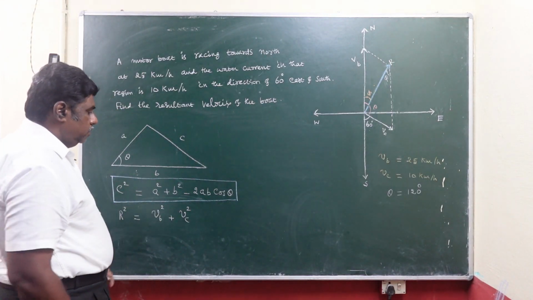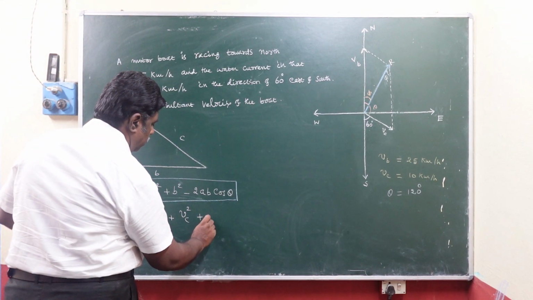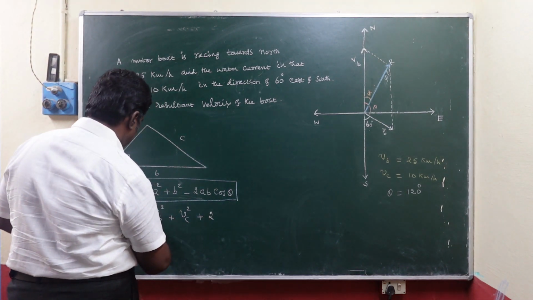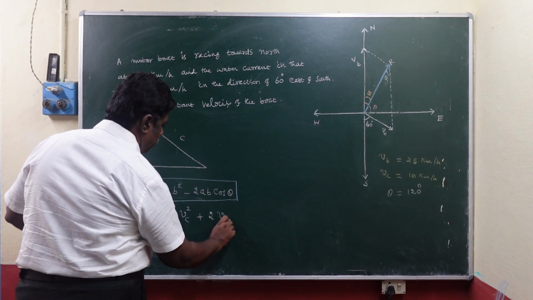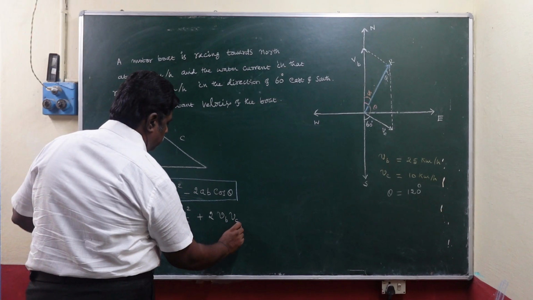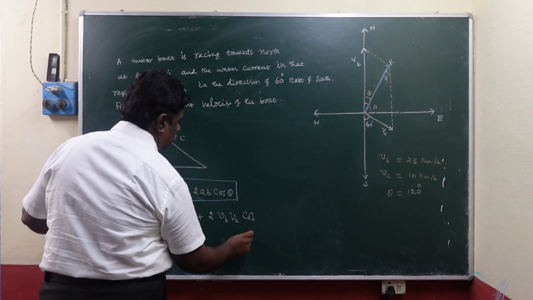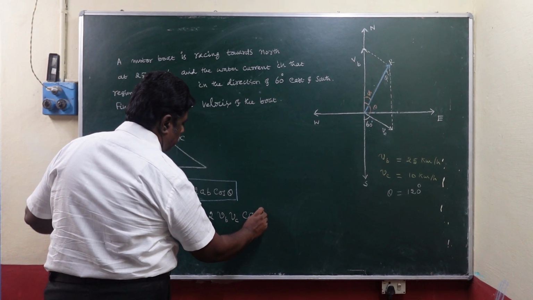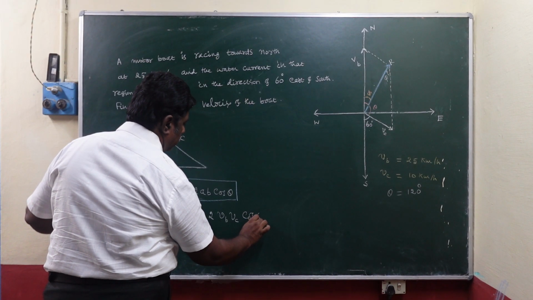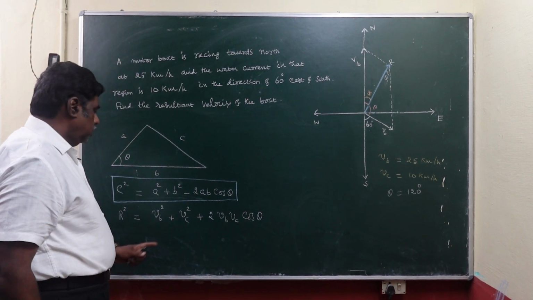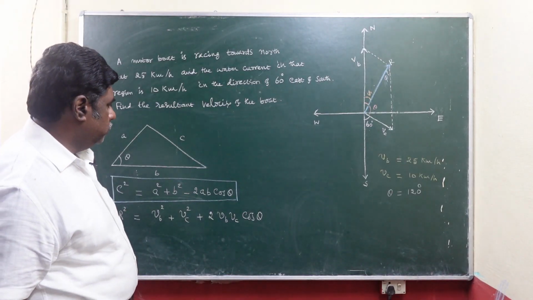Here the minus sign is changed into plus 2 into VB VC into cos 120 degree. First write down the formula, cos theta. This could be the formula we have to use.